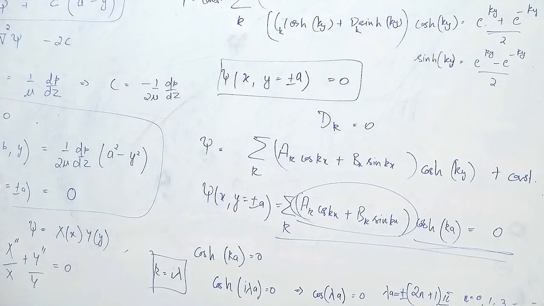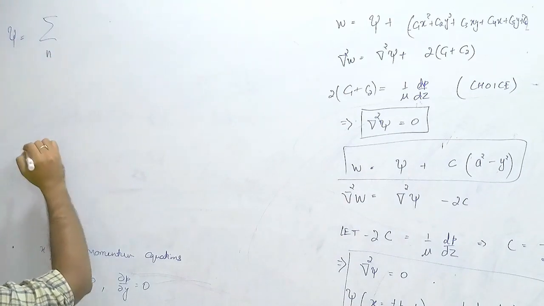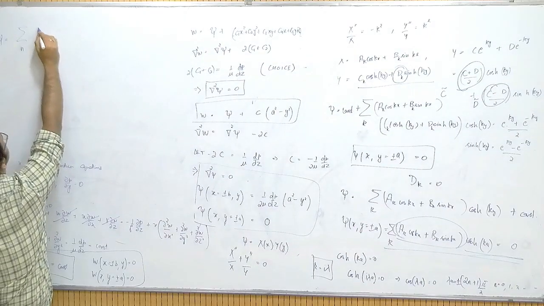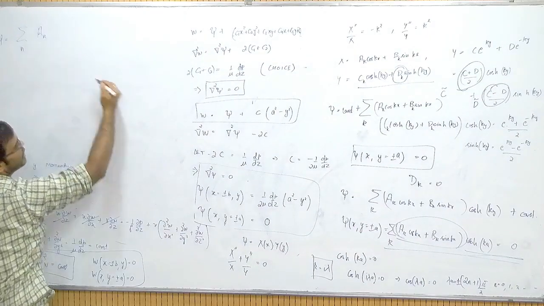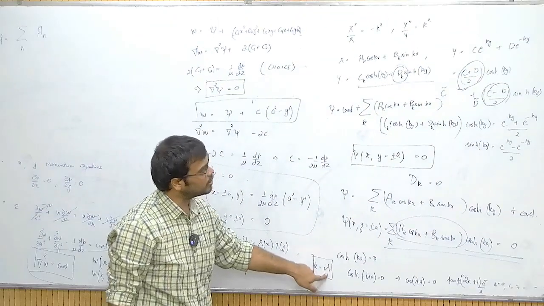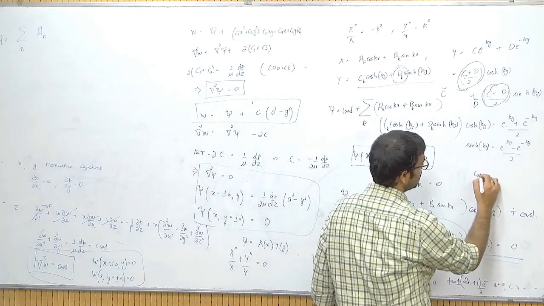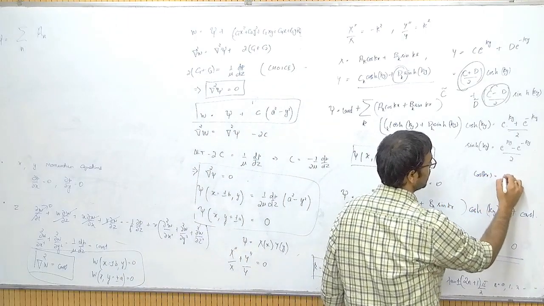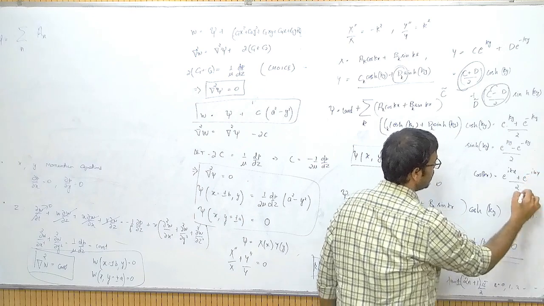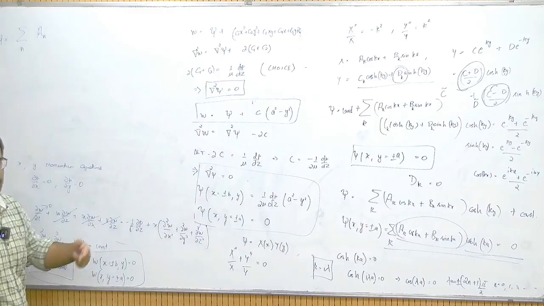So that means I can write my solution as a sum over n, and now I am going to change the subscript from k to n, and write it like so, a_n. What does cos kx become if k is iota lambda? We know cos is simply this, right. So cos kx will become cosh lambda x and so on.